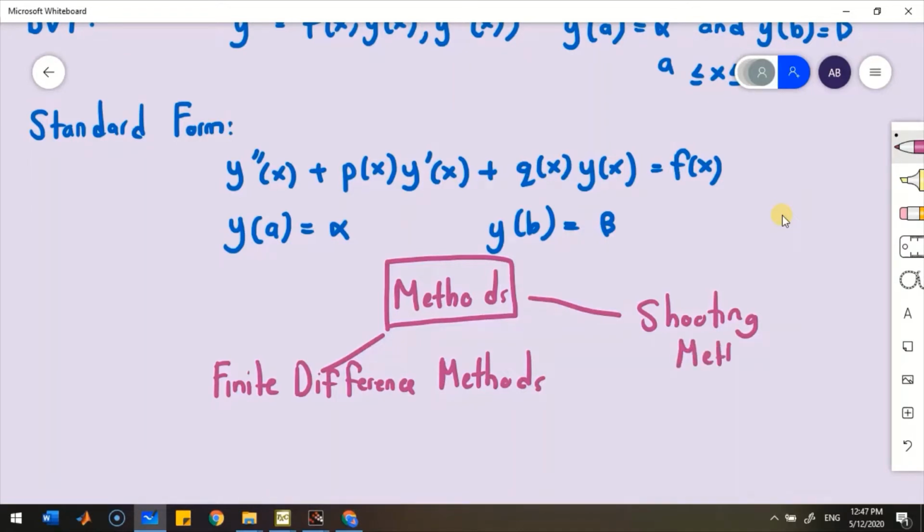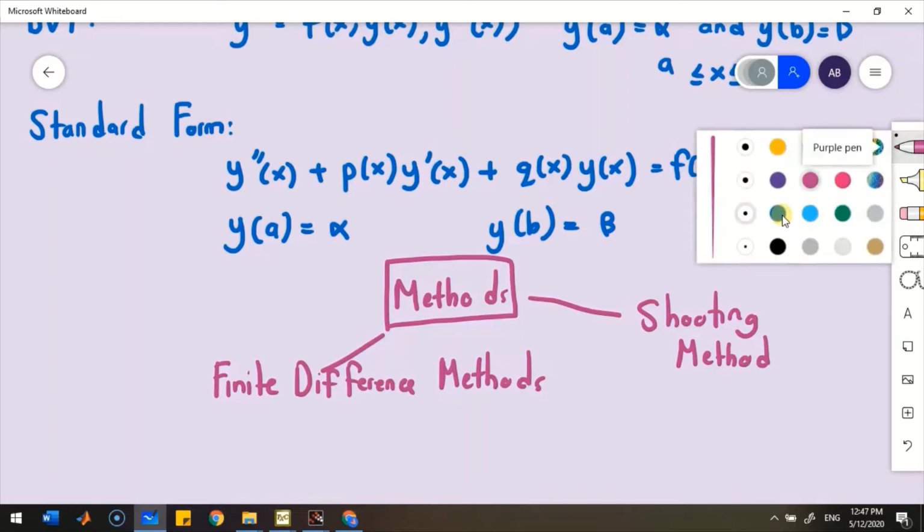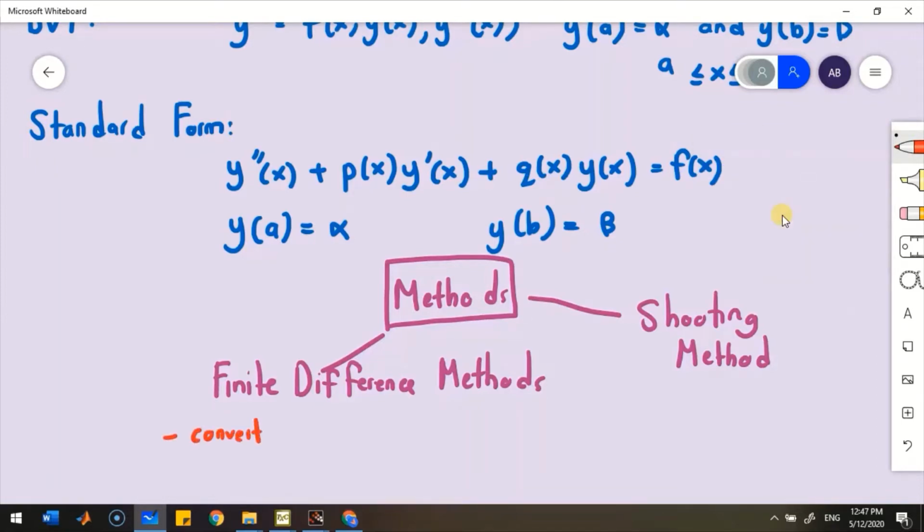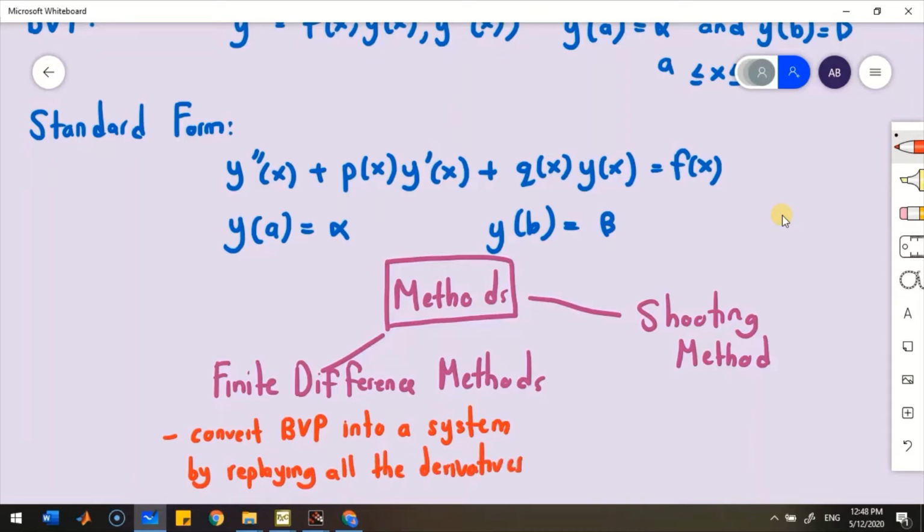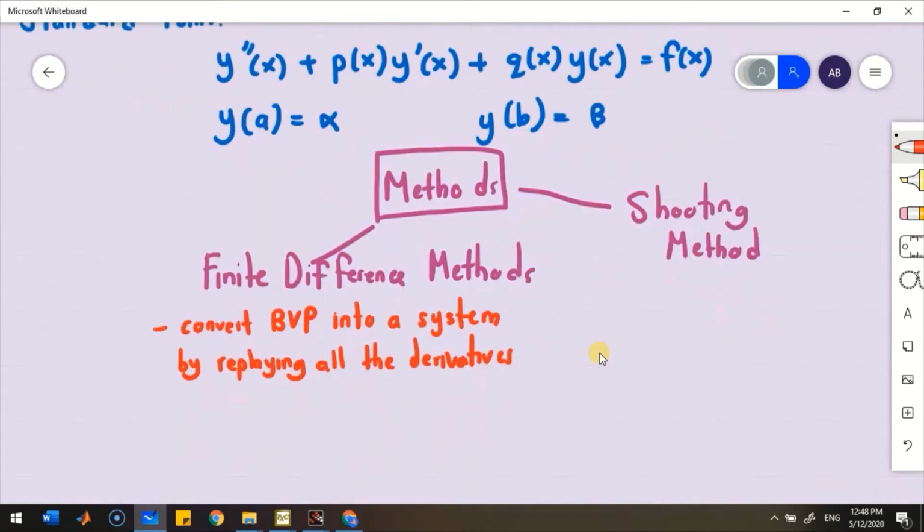The difference between these two approaches is that the finite difference method converts the boundary value problem into a system by replacing all the derivatives, such as my y double prime and y prime, with something called finite difference approximation.